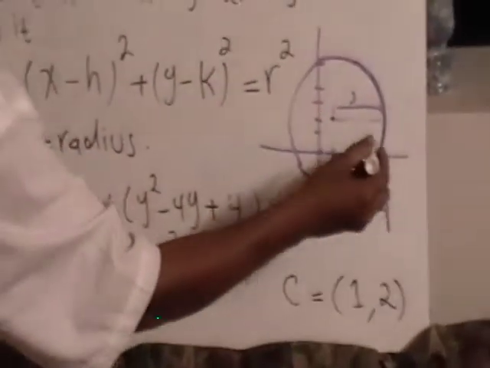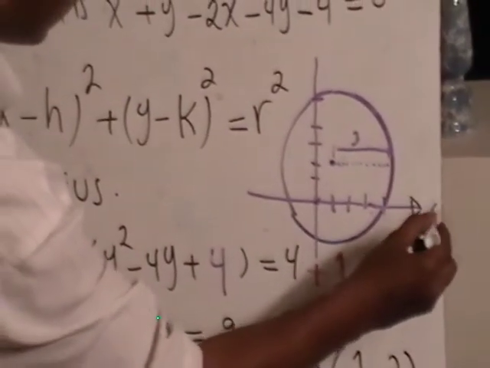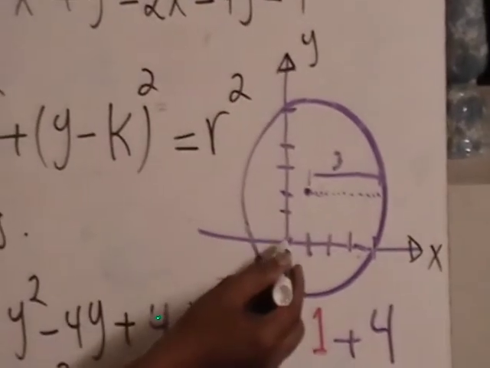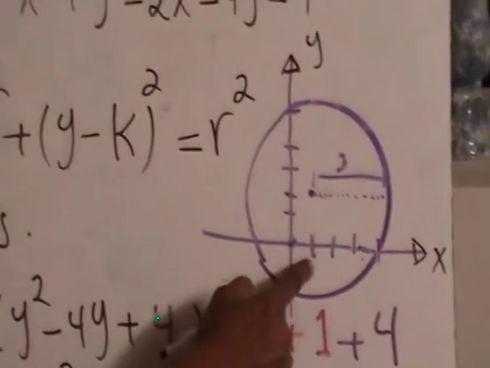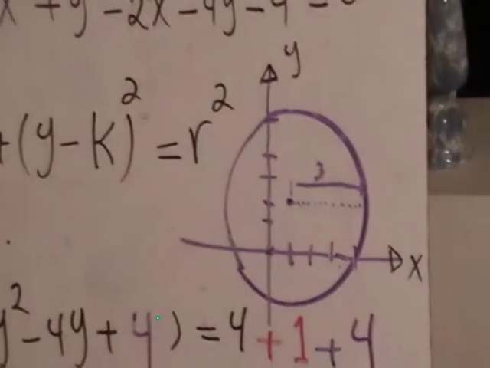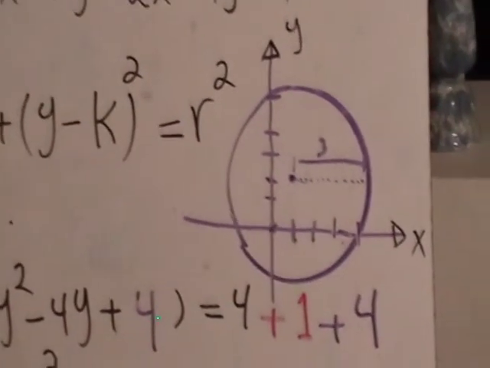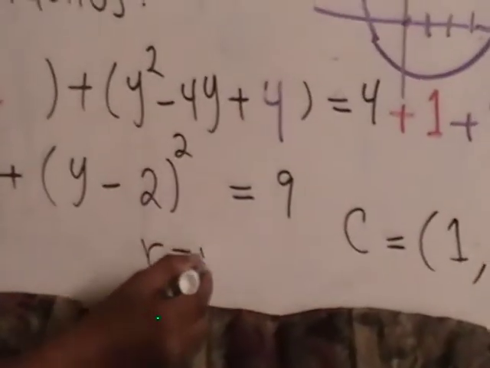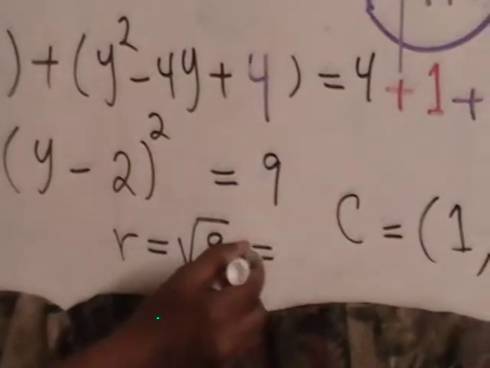Here is my origin, given that this is my x-axis, this is my y-axis. So my center will be at x equals 1 and y equals 2, which is right here. And my radius is the square root of 9, and the square root of 9 equals 3.